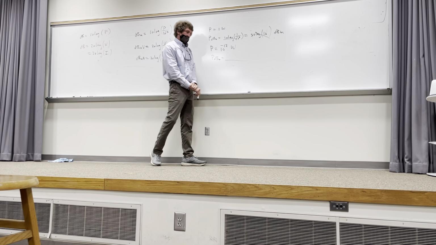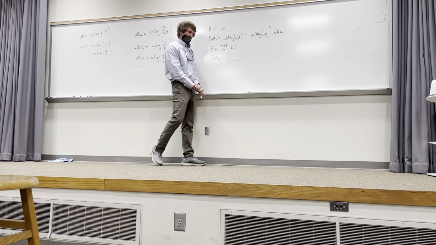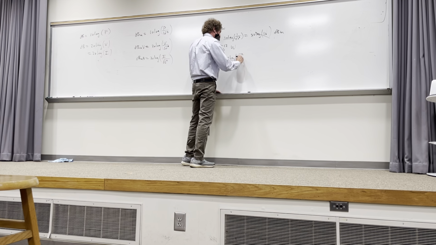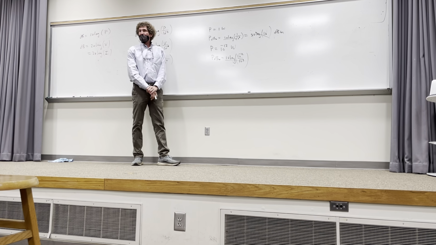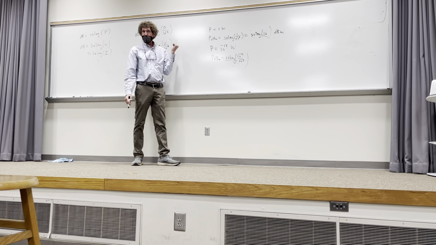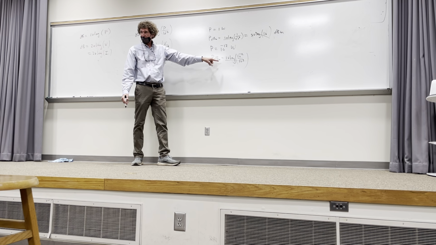It would be 10 out in front, log of 10 to the minus 12 over 10 to the minus 3, correct? That's 10 to the minus 9, isn't it, class? So the minus 9 comes out in front, right? That means I get minus 90, right? Times the log of 10. Log of 10 is 1, so minus 90 dBm. Do you all follow me?